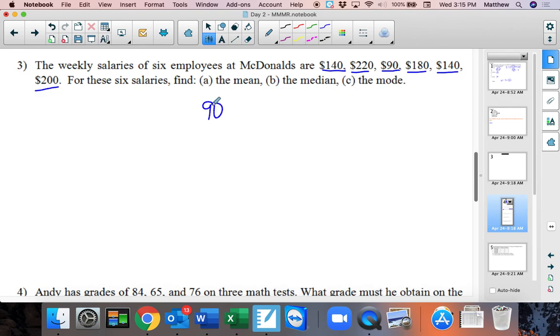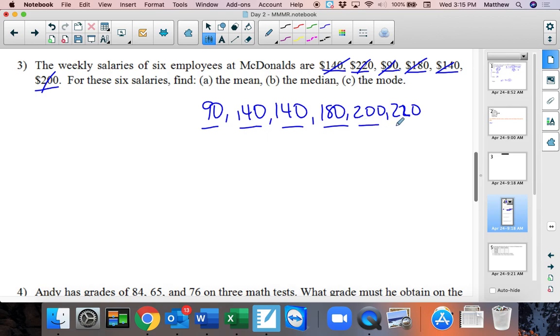I've got 90, a couple of 140s, 140, 140, cross those out so I follow what I'm doing, a 180, a 200, and a 220. Remember, I've got 6 employees. Do I have 6 values? 1, 2, 3, 4, 5, 6.